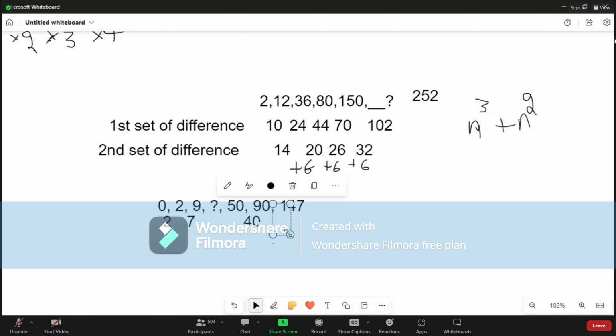And here it is 57. Now we'll check the difference between this 5 and here it is 17. So now this again, I feel, is a cubic series. Cube minus 1.